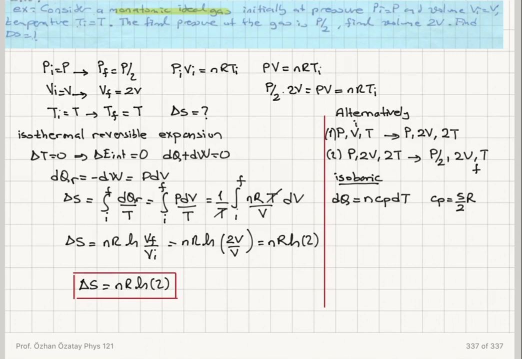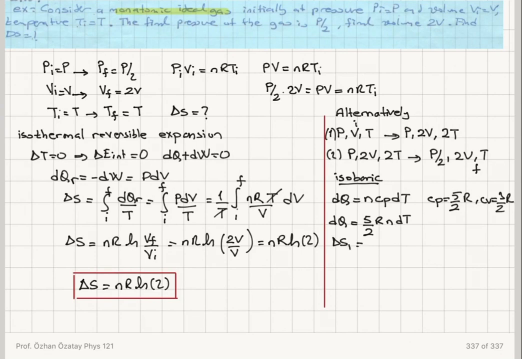That's neglecting vibrations. Yes, Cp is 5 over 2 R because I only have translations for a monatomic gas, and Cv is 3 over 2 R. Only translations. All right. So therefore the heat that I'm adding here is 5 over 2 R n dT.